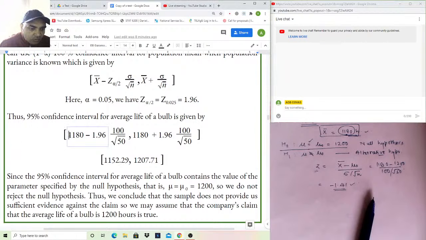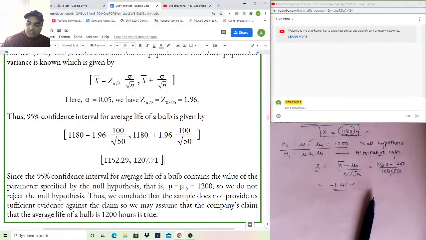Whatever sample you are getting, this 1180 actually has a confidence interval of 95%. If you apply this formula, it will be 1.96 into 100 upon root n, minus on one side and plus on the other side. So you will get 1152.29 and 1207.71.